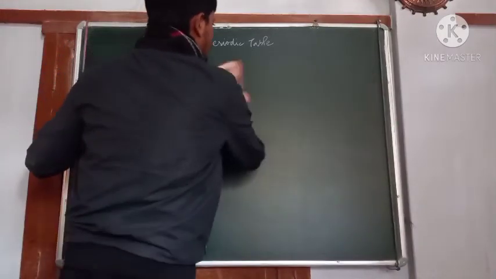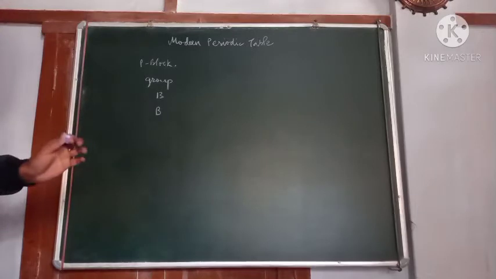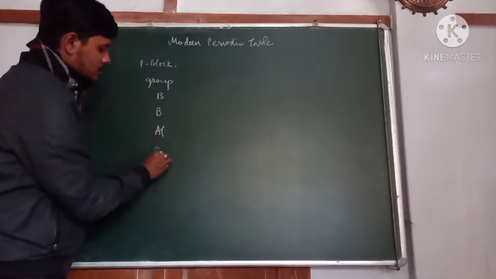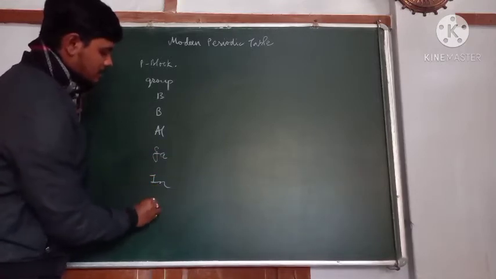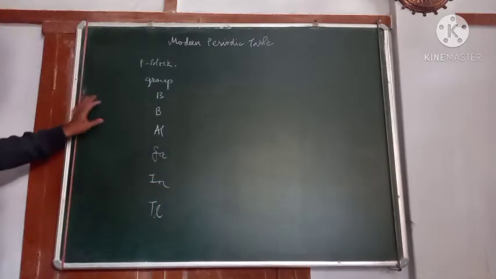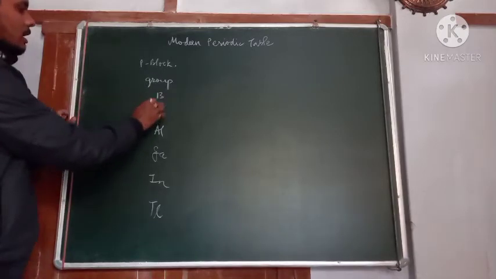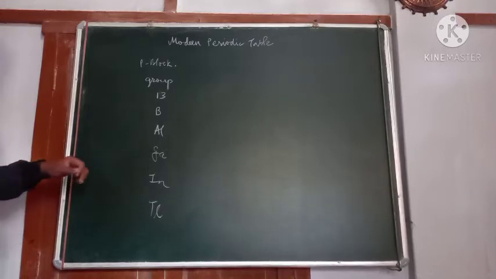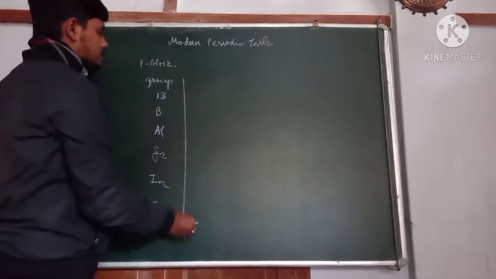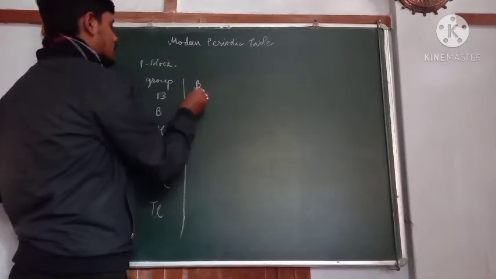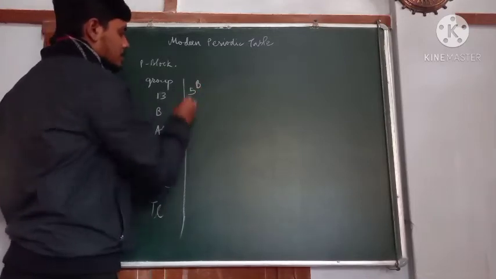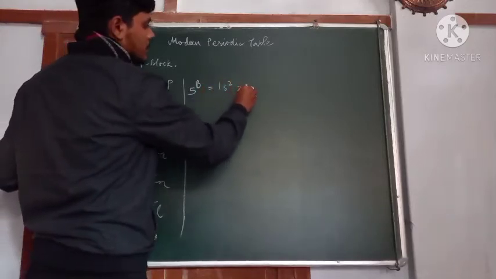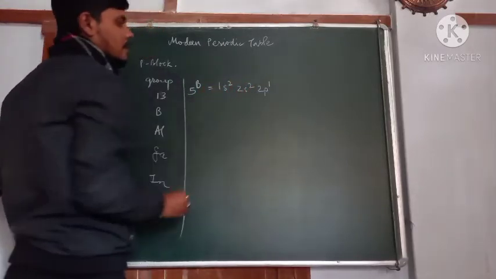Let us now see the boron group: boron, aluminium, gallium, indium and thallium. So 5 elements are there. Boron, atomic number 5, electronic configuration will be 1s2 2s2 2p1.